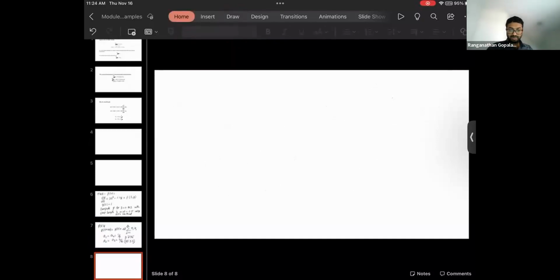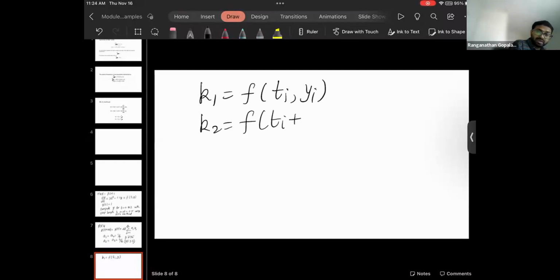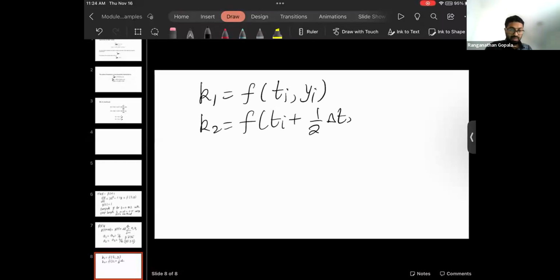Okay. So we have our equation, and k1 is the function evaluated at t_i and y_i, and then k2 is the function evaluated at t_i plus half delta t. Question: what's the equation that we're using for this one? Is it the same as the last ones? Yeah. I mean, you mean the ODE?